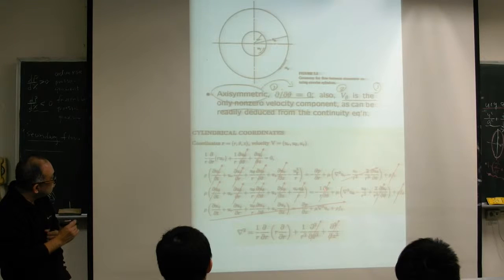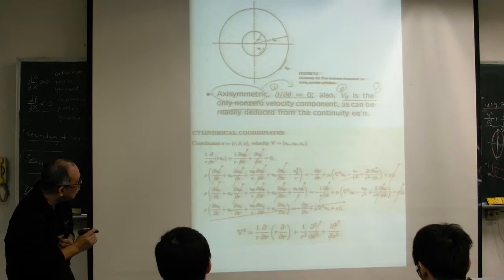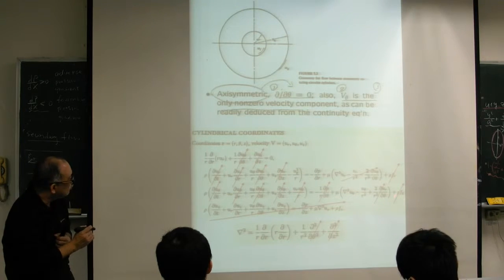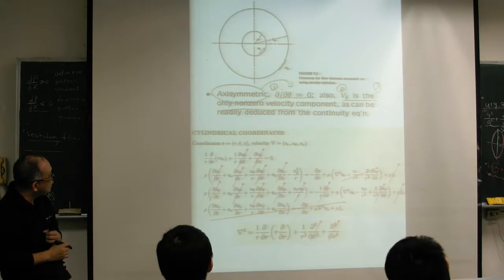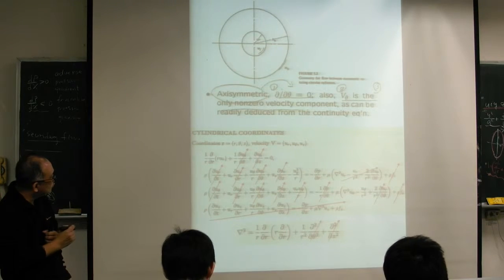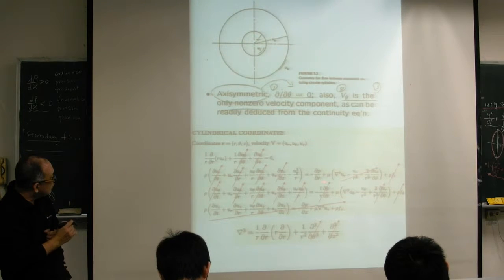The only terms left are these two, and the negated body force. The z direction we didn't consider since it is only two-dimensional, r theta only, so we don't have any z component.